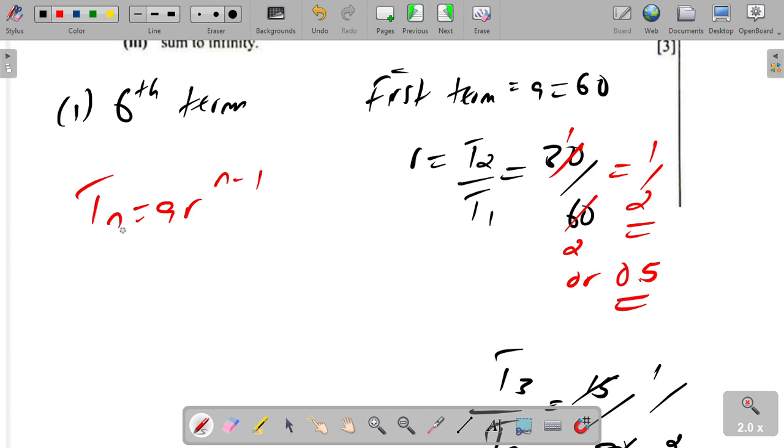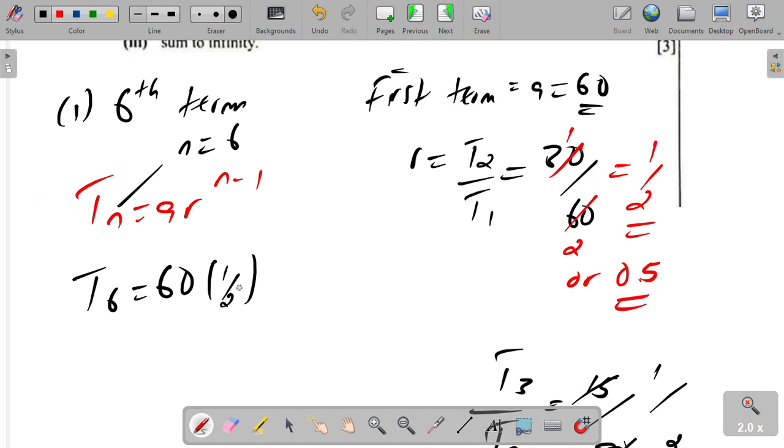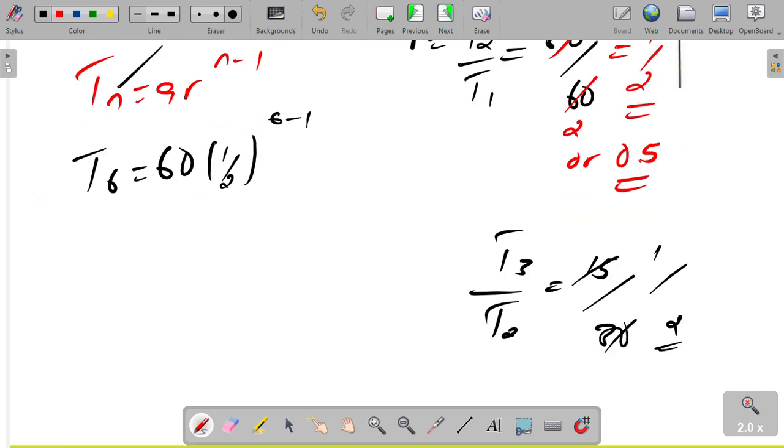So our n here is 6. Okay, so we write T6 is equal to, what's our A? We know our first term here is 60. Our common ratio, we know that it is 1 over 2, 0.5. We still use 6 here, so it is 6 minus 1.